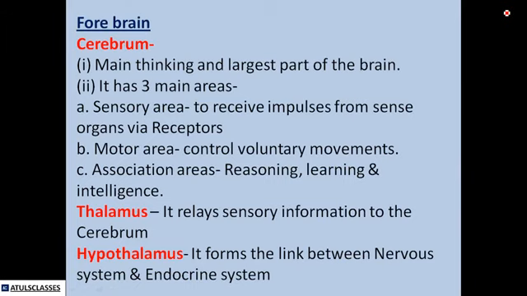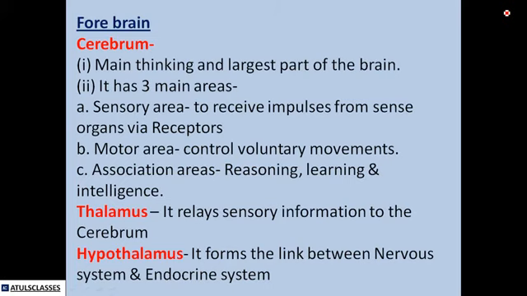What are the functions of the forebrain? The cerebrum is the largest part of the brain, and it has three main areas: the sensory area, which receives sense impulses from sense organs via receptors that we learned in the earlier part; the motor area, for voluntary movements; and the association area, related with reasoning, learning, and intelligence.